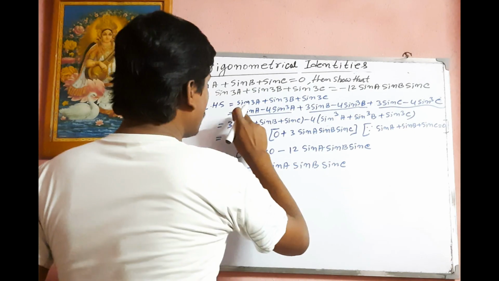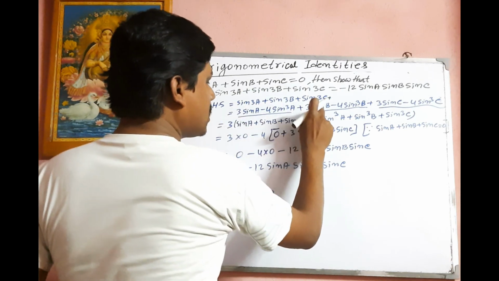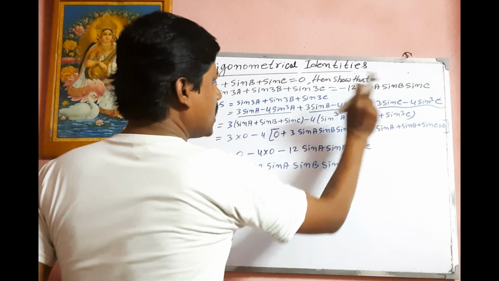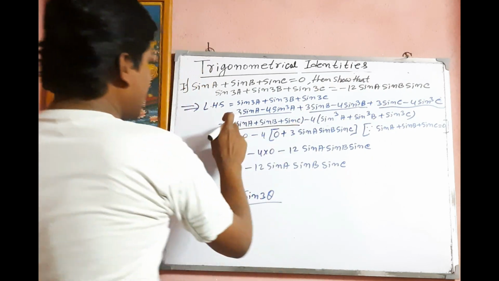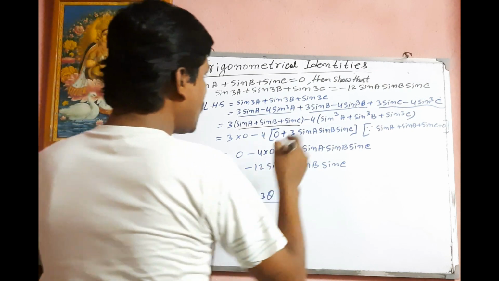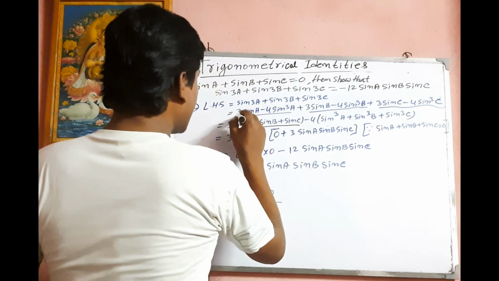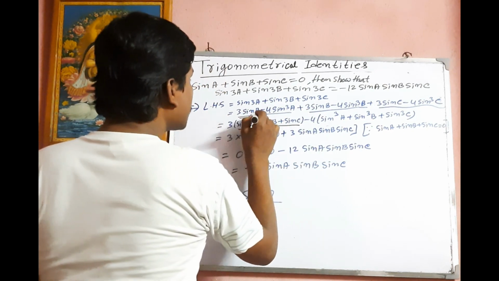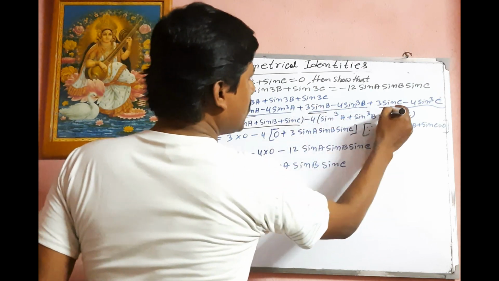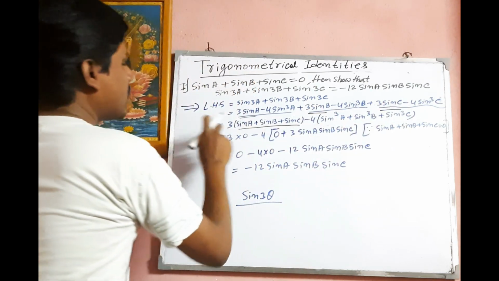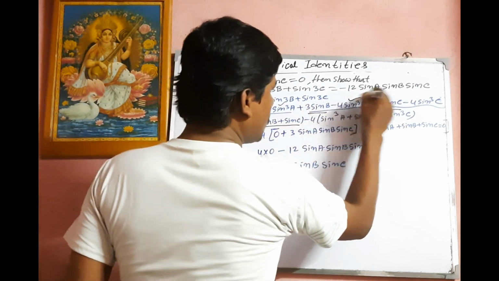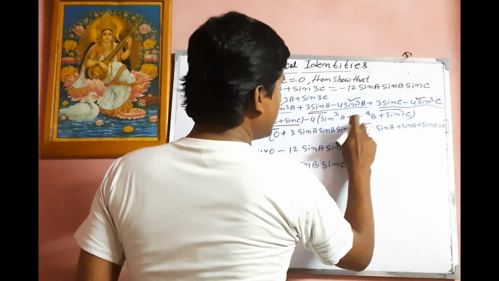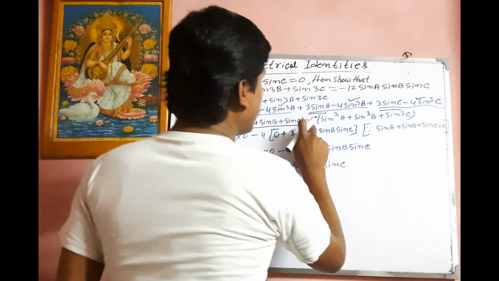Now we are taking 3 sin A, 3 sin B, 3 sin C at a time, and 3 is common. These 3, this one and this one, take here and take the common of 3, and similarly this one and that one take here and common of minus 4.